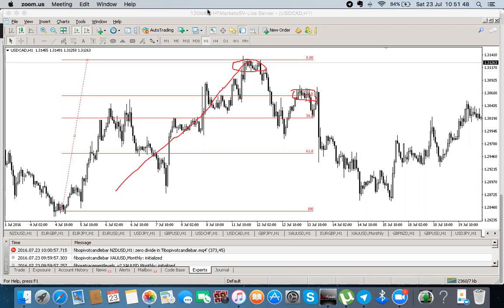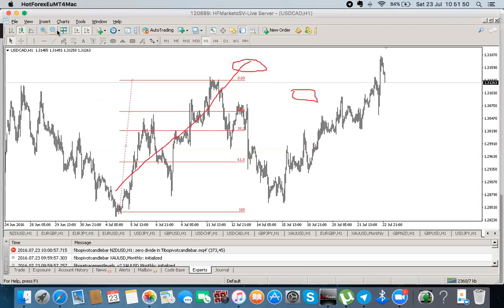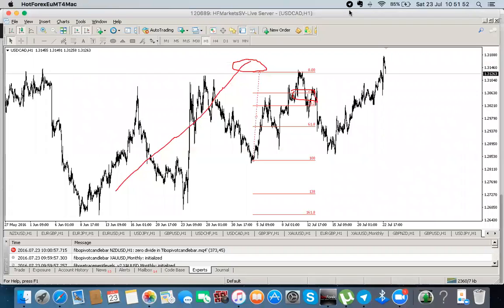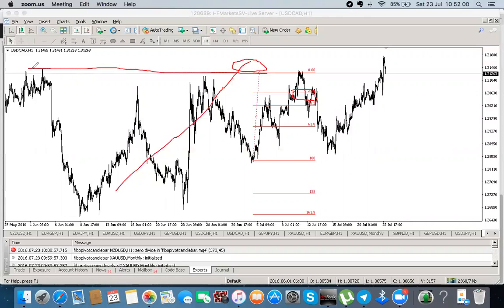Look at the past, look at the left. You can see there is a zone, right? So there is a strong resistance right there at this level. If you take a bigger look at the market, this is the resistance. As soon as the market reached this level, it attracted the sellers. So once the sellers came in, they started selling USD CAD.